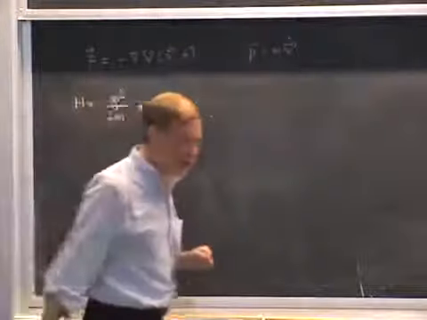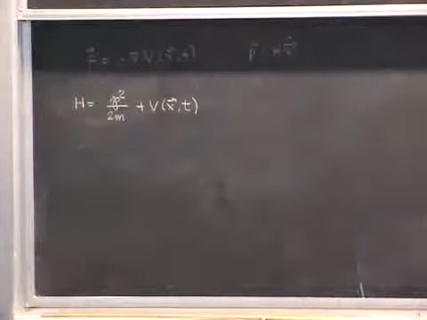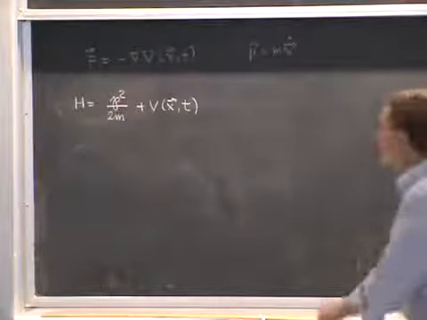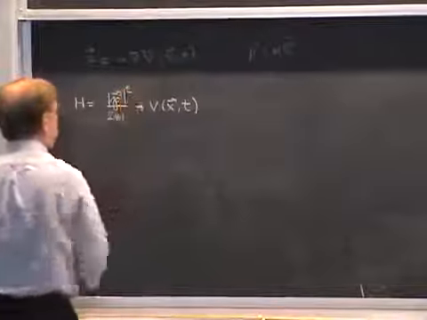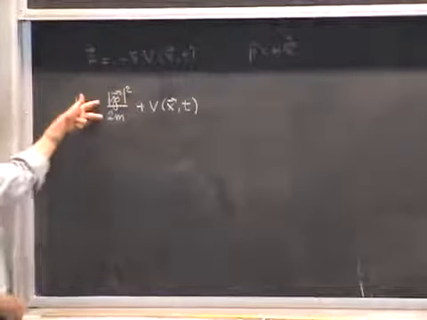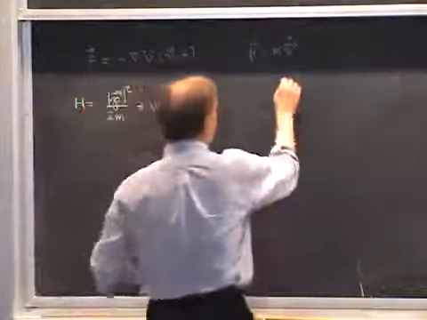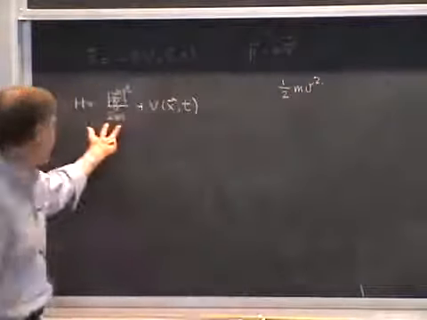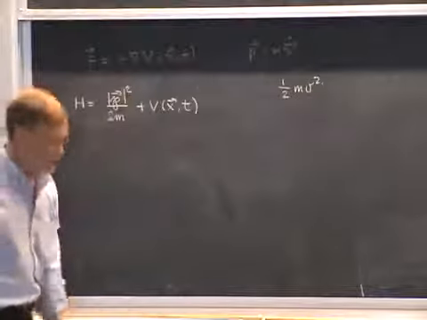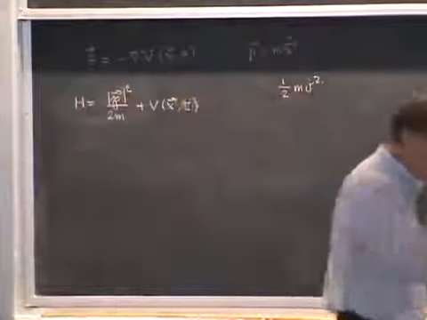So the canonical and the kinetic momentum agree for problems of this sort. And this P squared here really means the square of the vector, the 3-vector squared. P squared over 2m is another way of writing 1/2 mv squared, which is the kinetic energy. So the first term is the kinetic energy, and the sum of that with the potential energy.